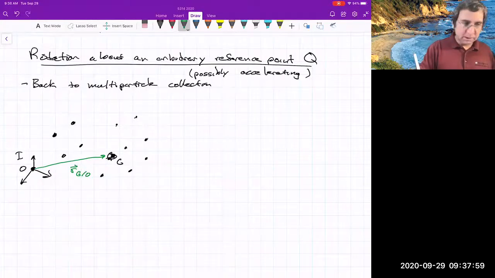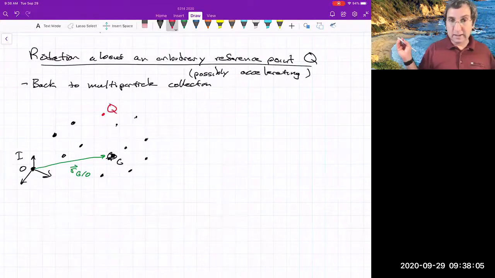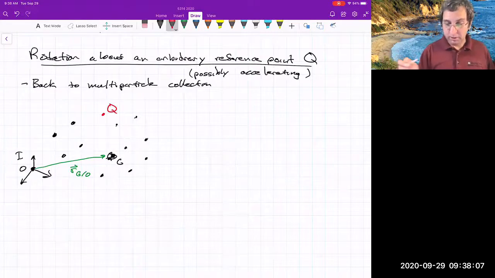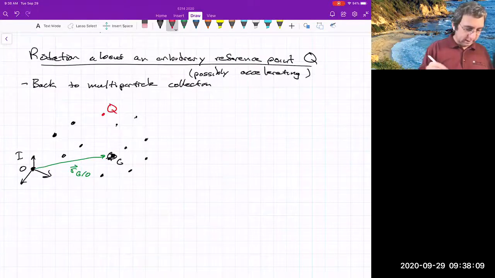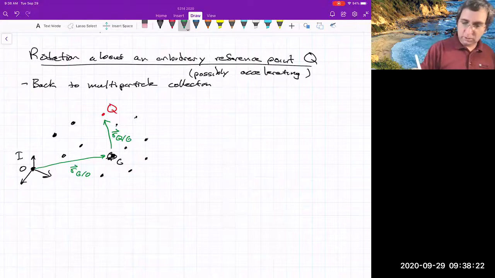And then we might have some other point that's convenient for some reason, some dynamical point Q. There doesn't even have to be a particle there, it's just a point. And we'll write the location of Q with respect to G. We could also think of the location of Q with respect to O.